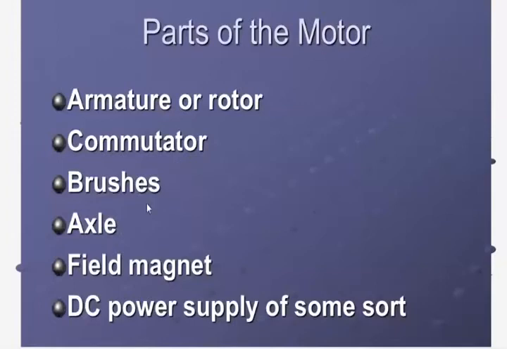and this commutator is in contact with the carbon brush, because you know that carbon brush is nothing but what? Graphite rod, and you know that graphite is slippery in touch. That's why there is less friction in contact between the commutator and graphite.